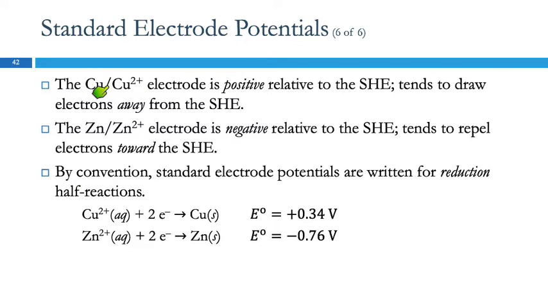So that copper 2 plus half cell is positive relative to our standard 0. It's going to draw electrons away from the standard electrode. The zinc half cell is negative relative to the 0, and so it tends to repel electrons.